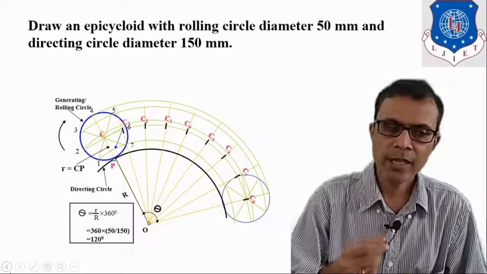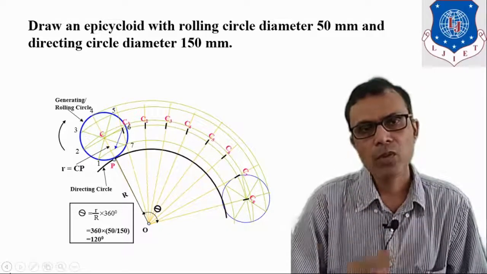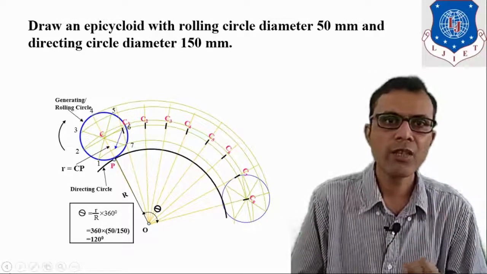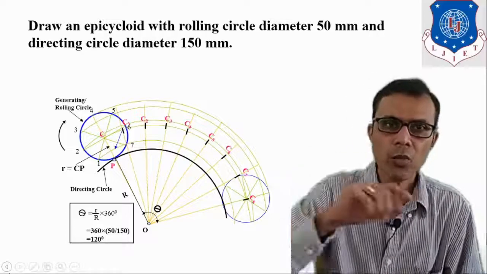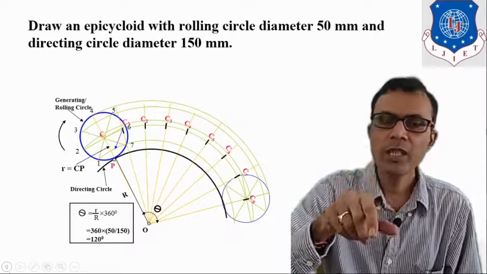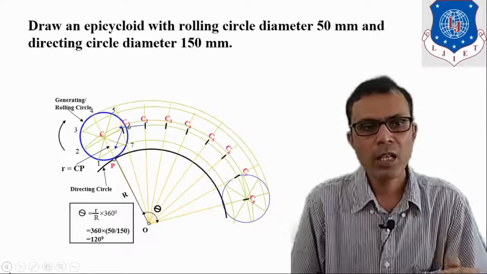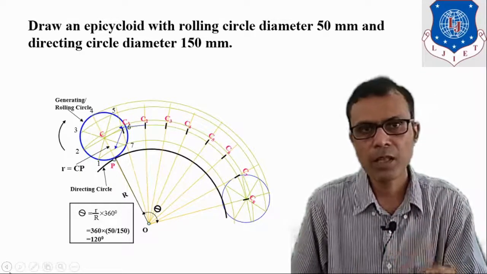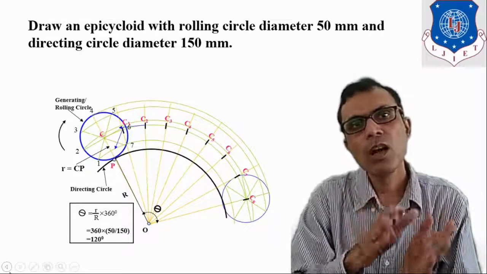For that, take compass size equal to small r, that is 25 mm. Start from the center point C1: with C1 as center and compass size 25 mm, draw an intersecting arc on the arc drawn from division number 1. Then in sequence, keep C2 as the center point, same compass size, and draw an intersecting arc on the division number 2 arc.